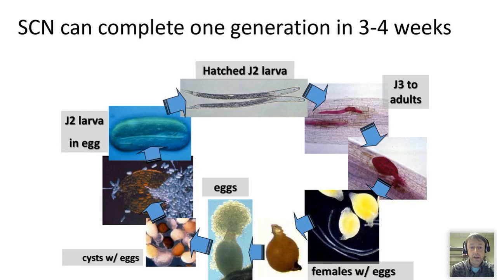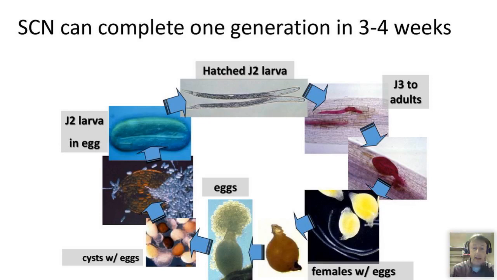This will hatch into a worm-like structure, a second stage juvenile, which Shannon was talking about. And it's this hatched juvenile which will infect the plant. Once it infects the plant, it will set up a feeding site that it will remain at and feed at for the rest of its life, basically.